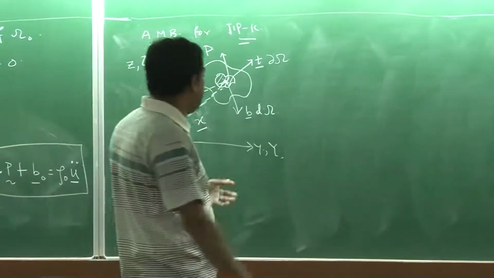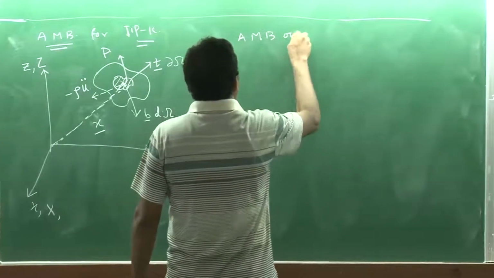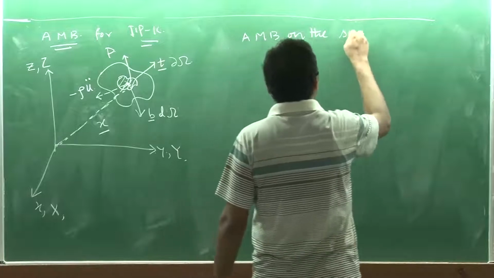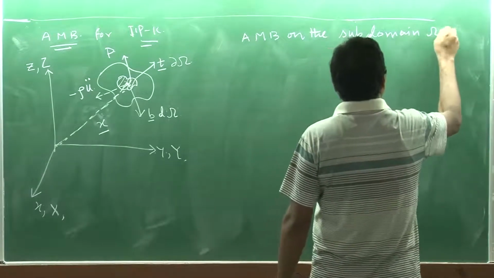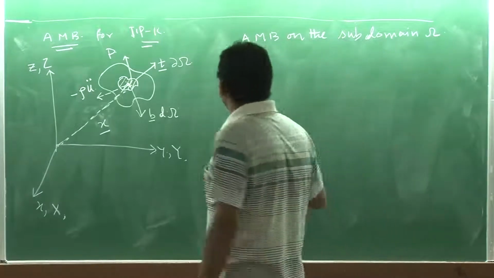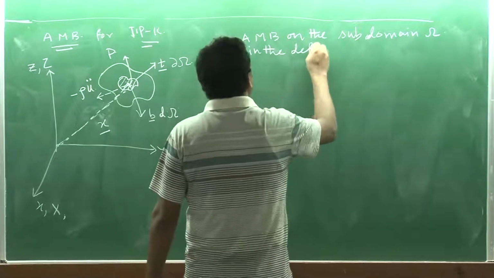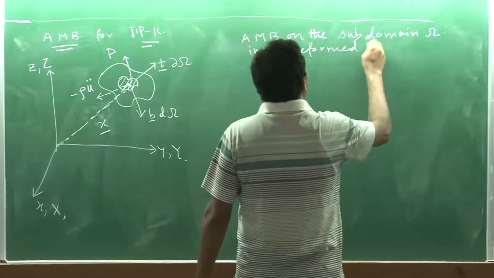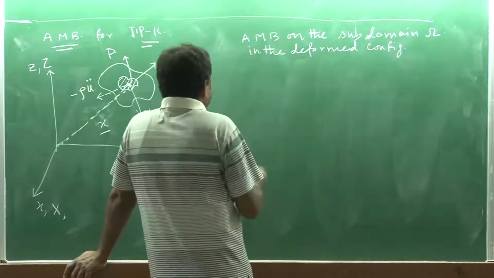So, let us do the angular momentum balance on the subdomain, with respect to the deformed configuration. This is in the deformed configuration, and then we will get it back to the undeformed configuration. So, now you just do that.